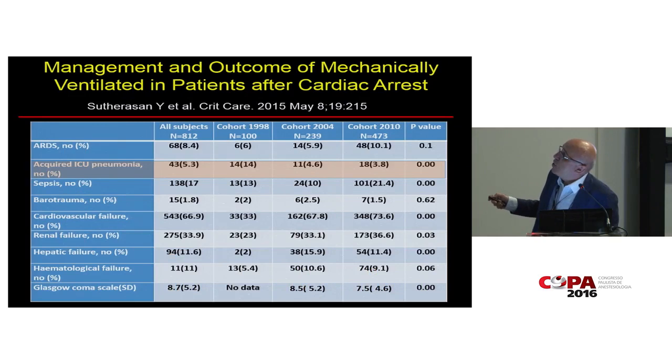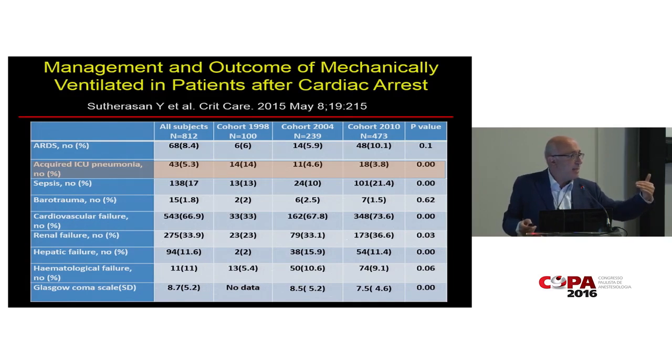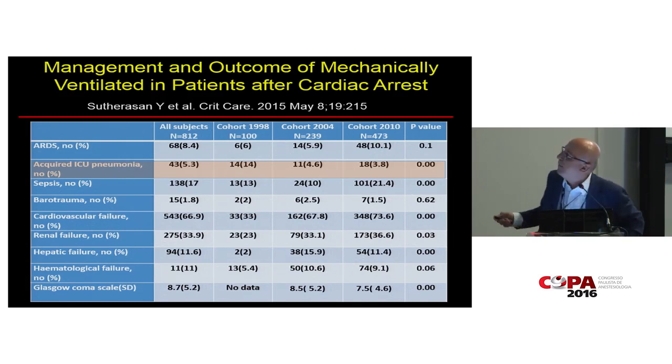What about complications? You see here that ARDS is around 10% in these patients, so quite frequent, and acquired ICU pneumonia is decreasing on the other side. So there's a decrease in acquired ICU pneumonia, with the same level of ARDS. The lung seems to be more protected with more protective mechanical ventilation. This is not a randomized controlled trial.